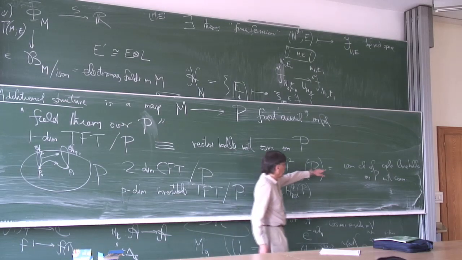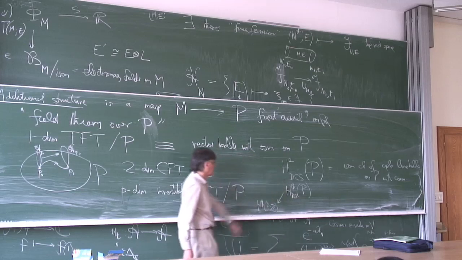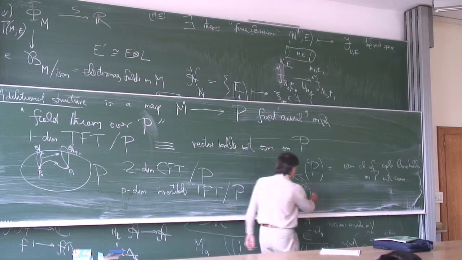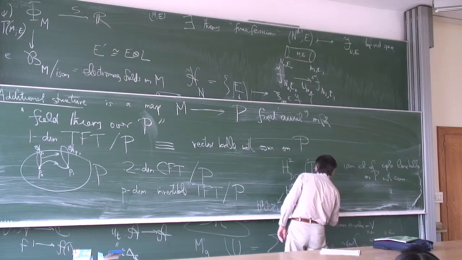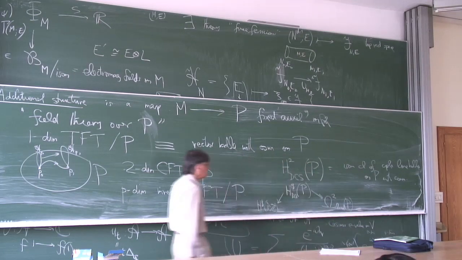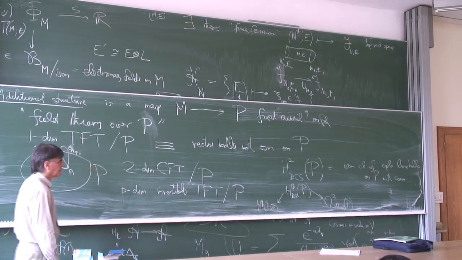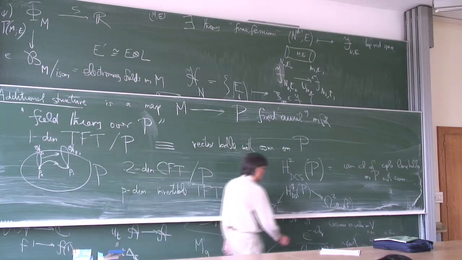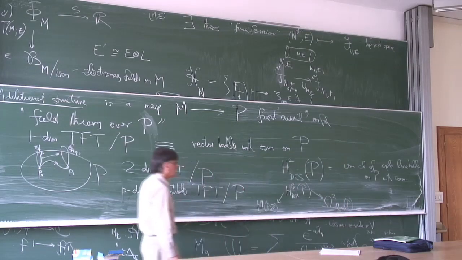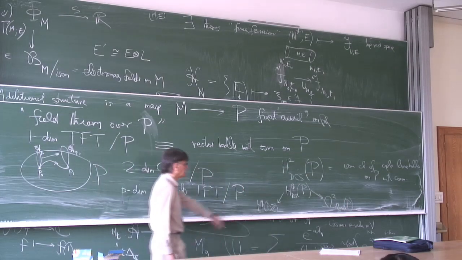So this would assign to the bundle with connection just its first Chern class, and that's a surjection. And there's also a curvature form, which is a closed q-form on P, closed with integral periods. So for any closed q-form with integral periods, we define such a bundle.